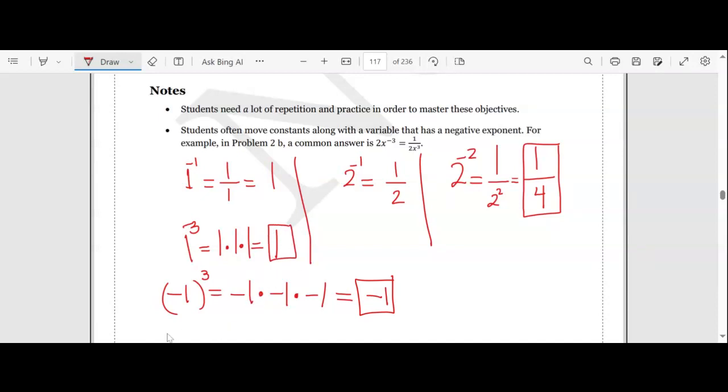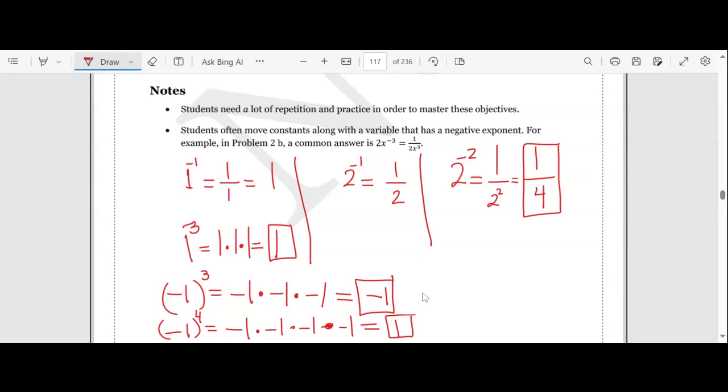If I say -1 to the power of 4, that's equal to what? -1 times -1 times -1 times -1, which is equal at the end to +1.